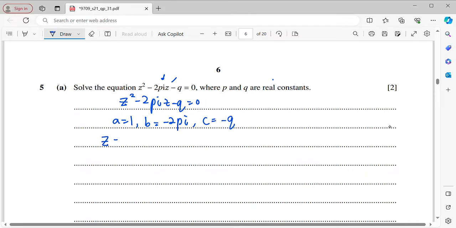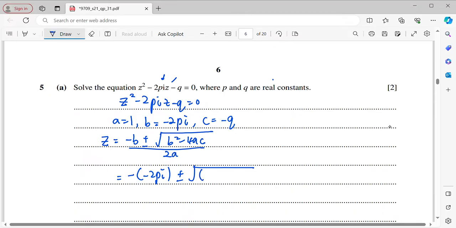So z is minus B plus minus the square root of B squared minus 4AC, over 2A. From here, it will be negative of negative 2pi, plus minus the square root of negative 2pi squared, because that's our B, minus 4AC, over 2A.